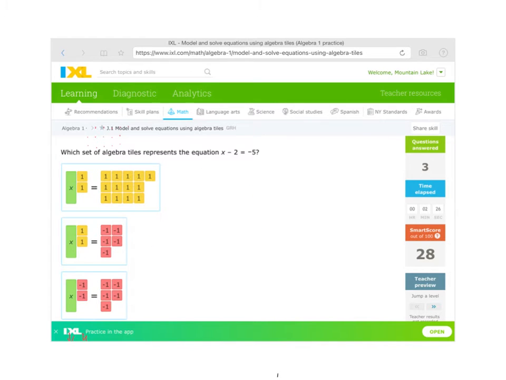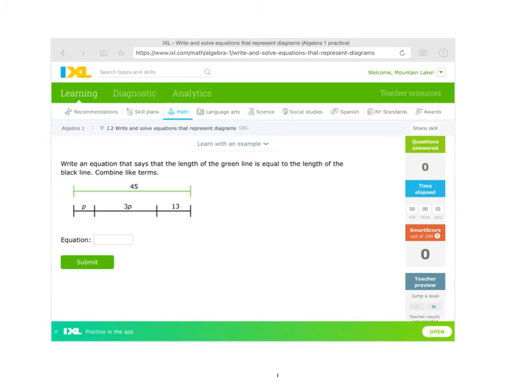J2. So in this one we have to write an equation that says that the length of the green line is equal to the length of the black line.